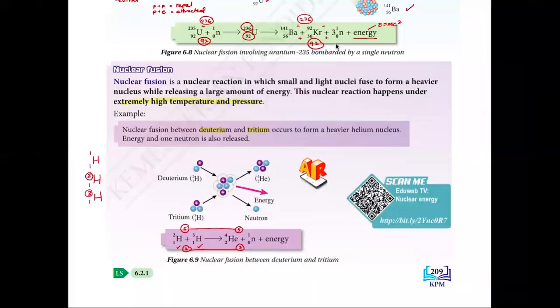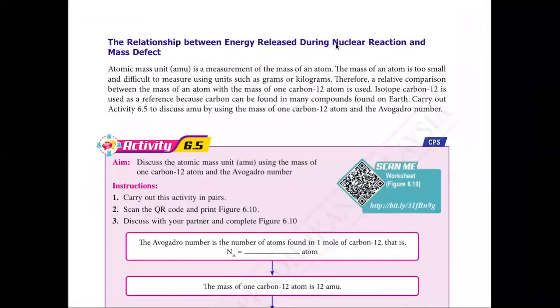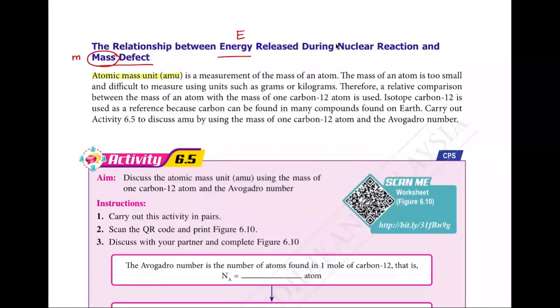All right, so let's try the other topic: the relationship between energy released during nuclear reaction and mass defect. So energy is E, and for mass defect, the word mass, we will be using M. E and M. Atomic mass unit, or in short AMU, is a measurement of the mass of an atom.